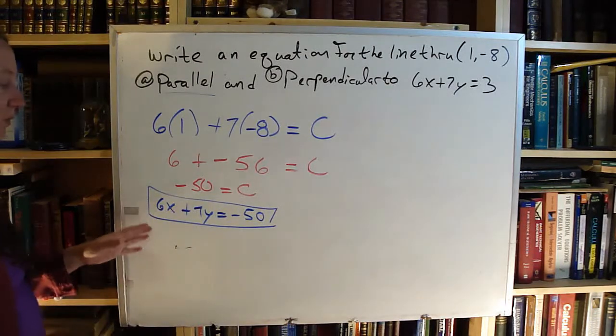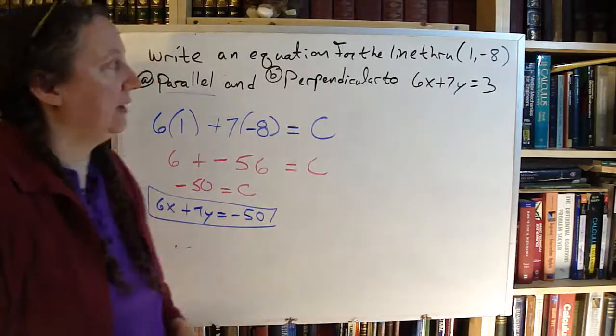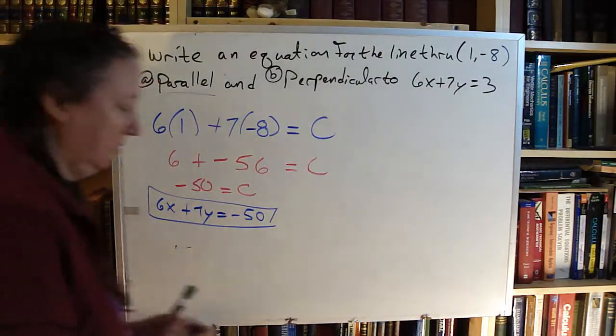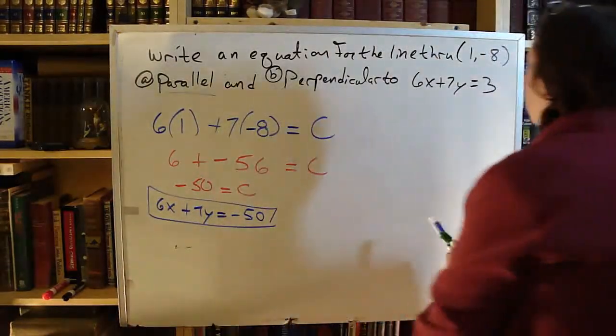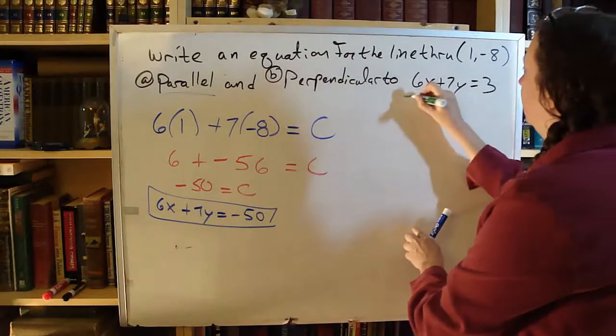So now that I've done it this way, I'm going to do it a different way. I'm going to make this look like y equals mx plus b. So let's go over here. I want to solve for y, so I subtract my 6x.